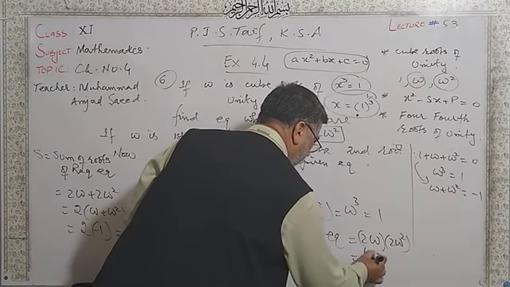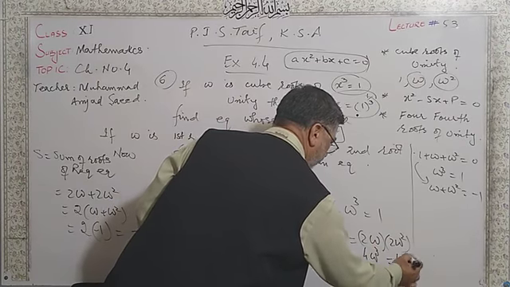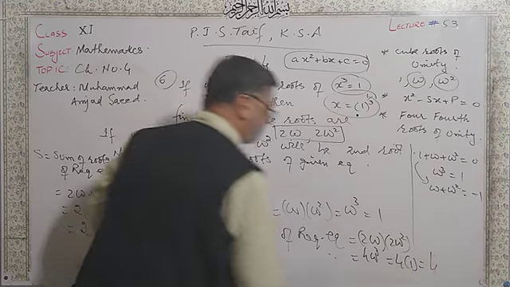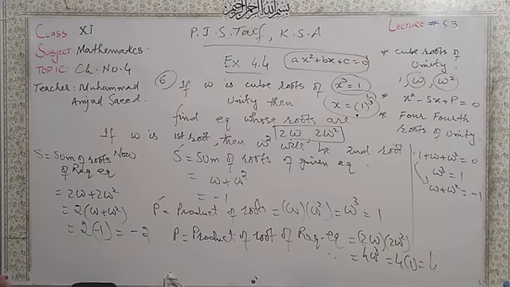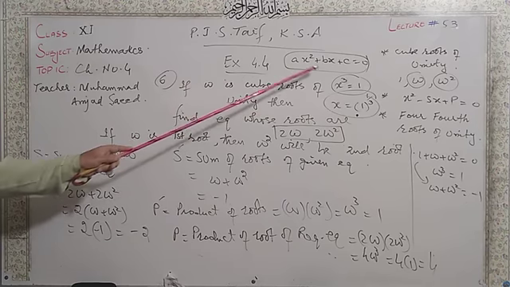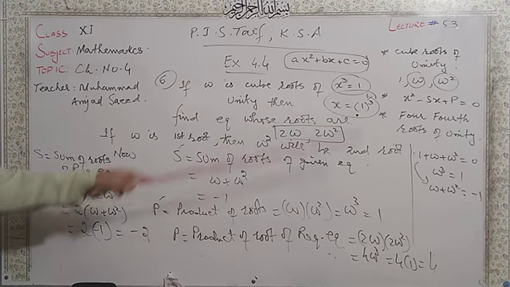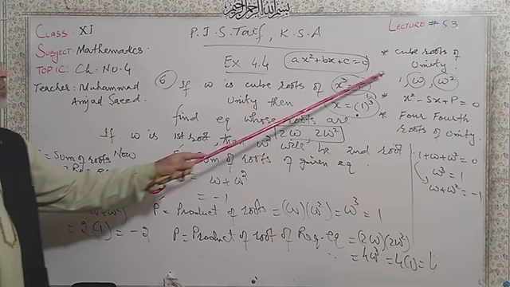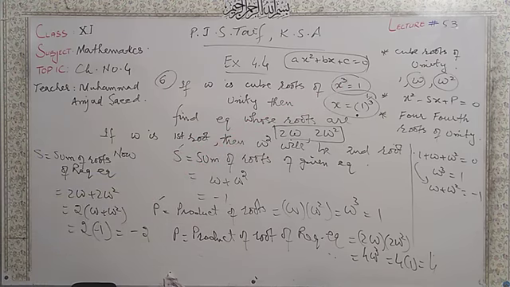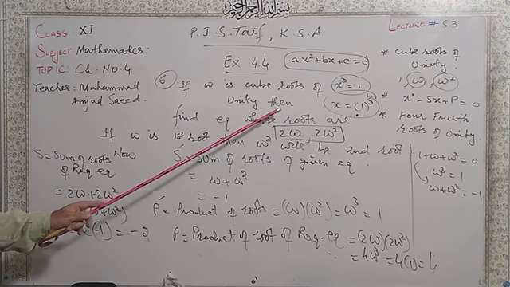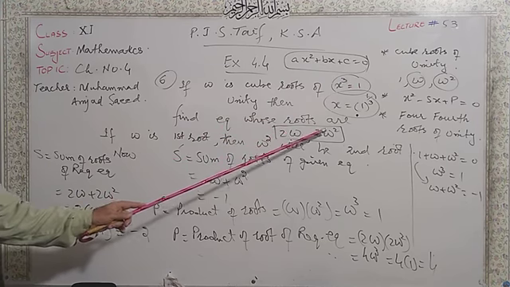So here is 4 omega cube, 4 into 1 is equal to 4. Dear students, I am revising this. Omega is cube roots of unity, so the original equation was x cube is equal to 1, x cube minus 1, and then solve that. And we have found these roots of this equation. Find the equation whose roots are 2 omega and 2 omega square.